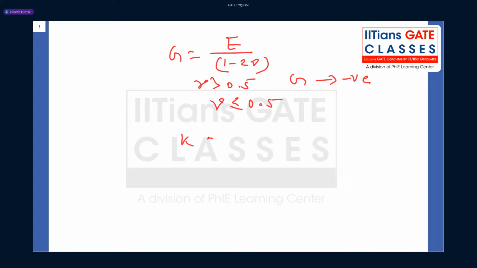Now what is K? K is given by E upon 3 into 1 plus nu. Now if nu is lesser than -1, what will happen? K will become negative, which is not possible.